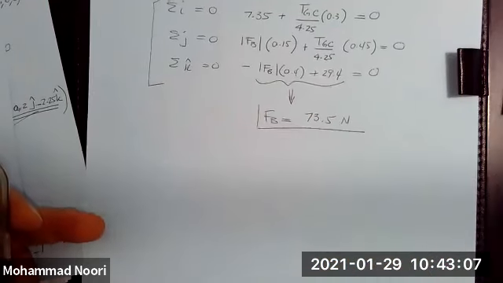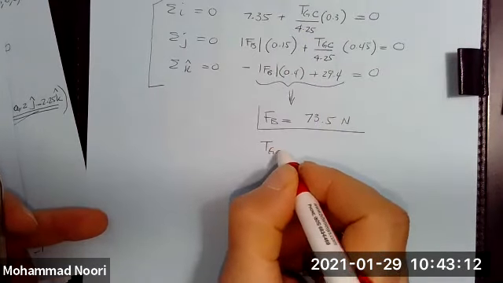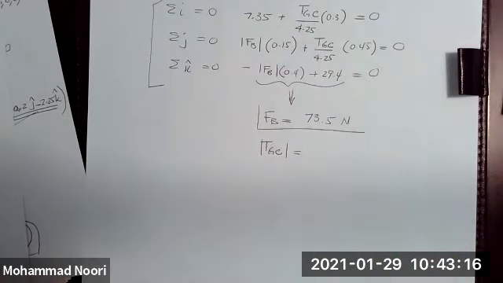From here, you find TGC, that would be 7.35 times 4.25 divided by 0.3.